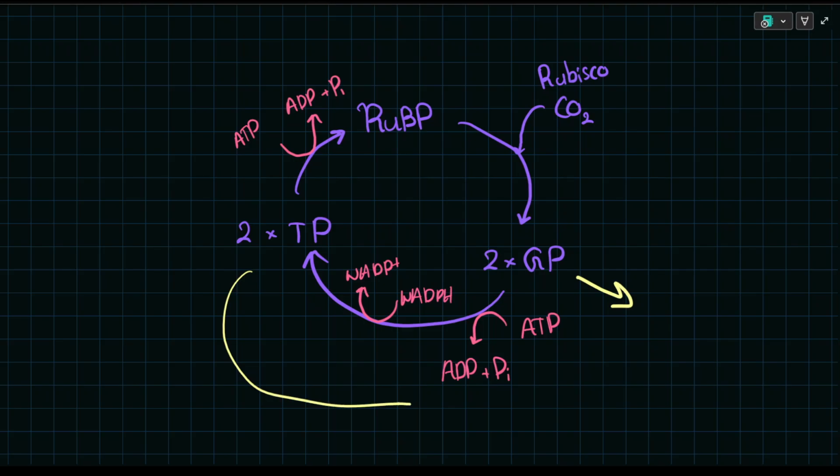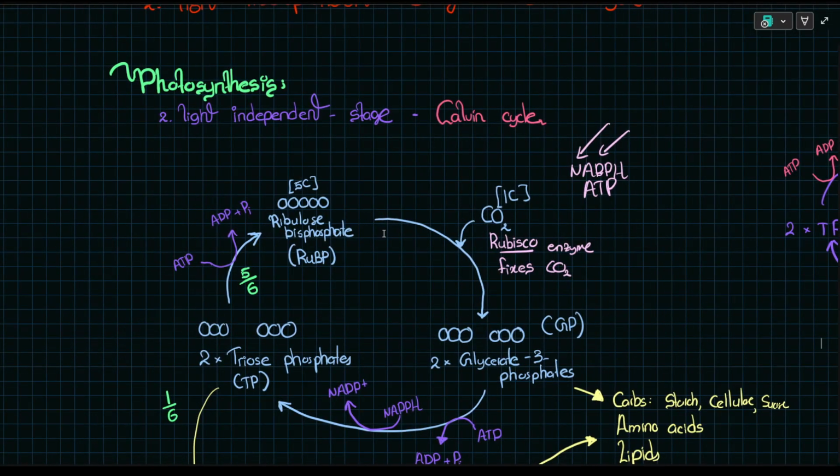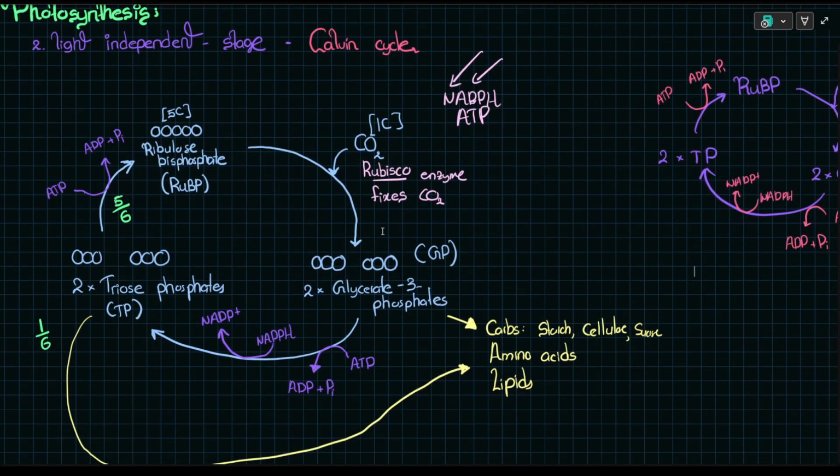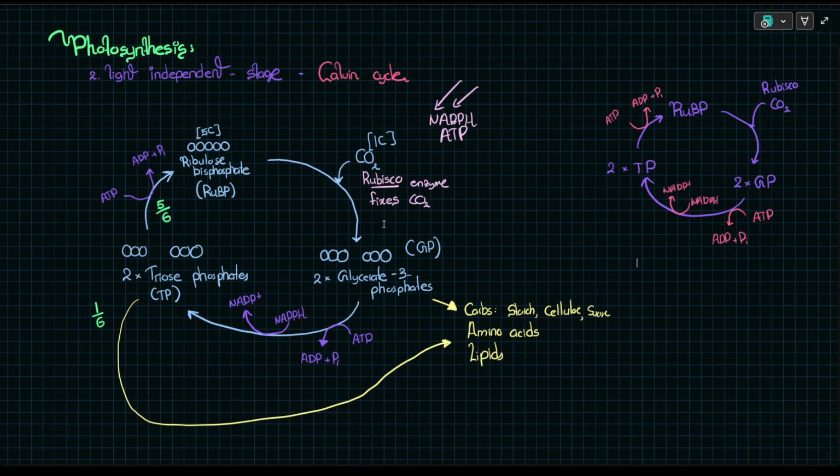And 1/6 of this molecule is also used for those purposes. Keep that in mind as well. That's not included in the shortened form. So all in all, that would be the light independent stage of photosynthesis in a nutshell, with, of course, all the information that you have to know.